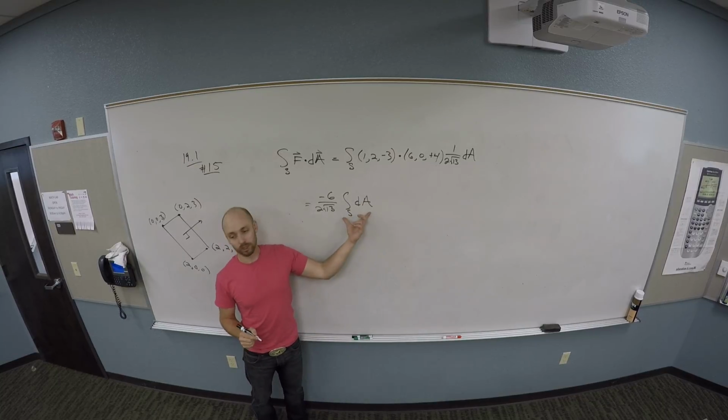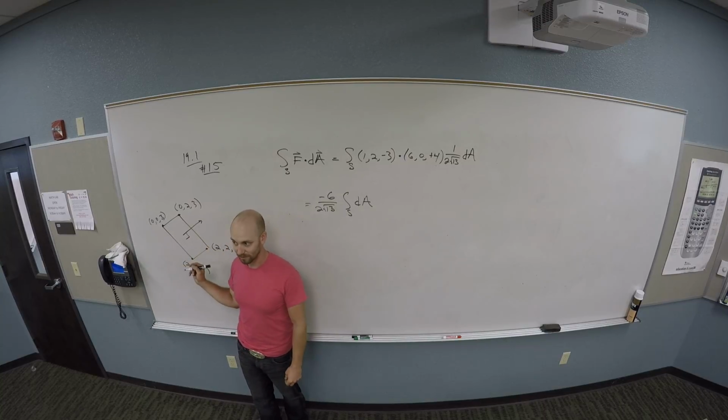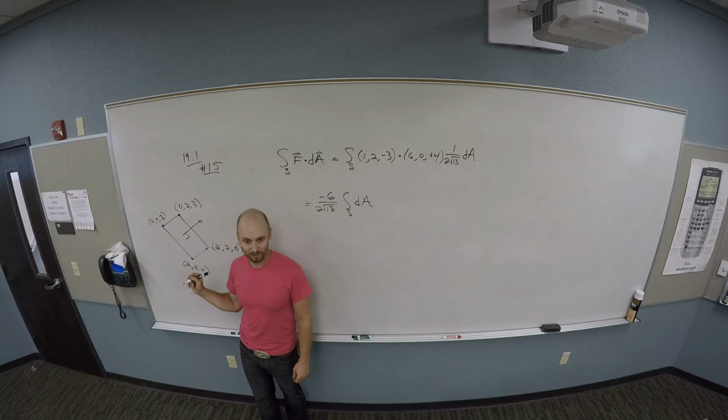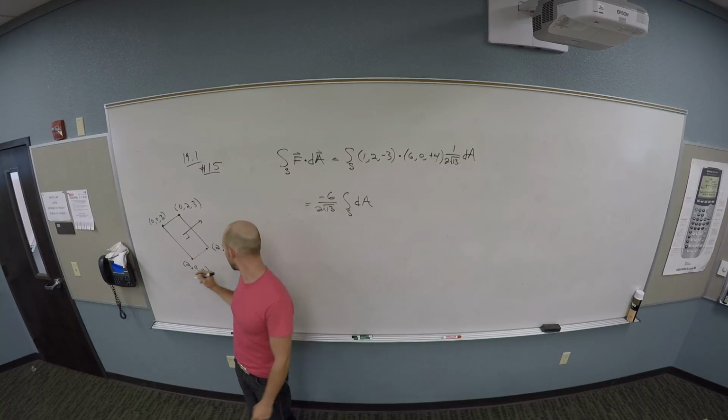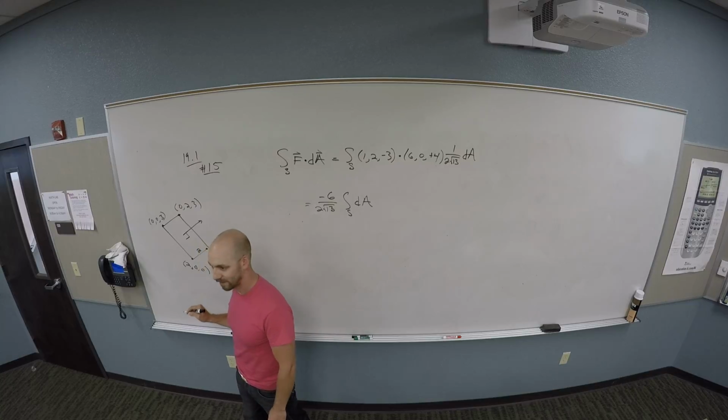This should be the area of the surface, which of course I can compute because it's a rectangle, right? And it's 2 on this side and something on the other side, right?